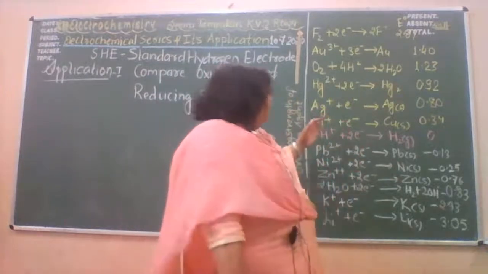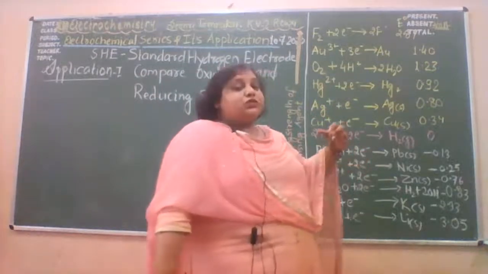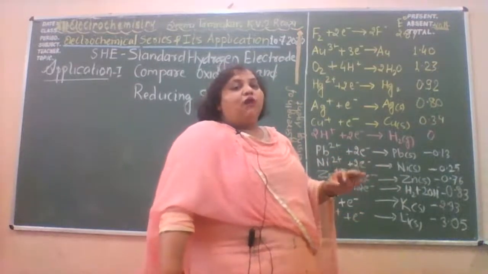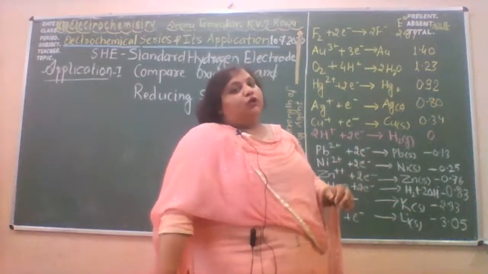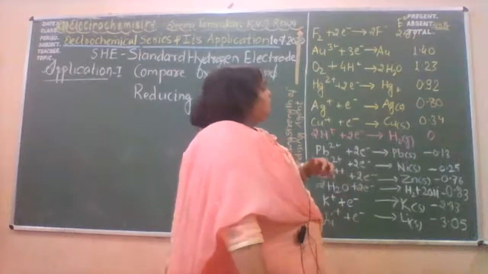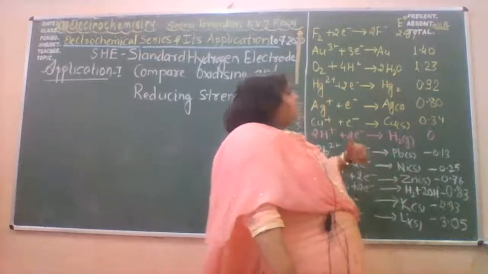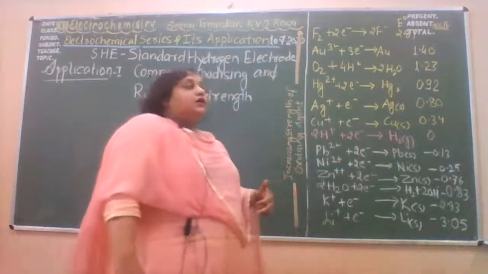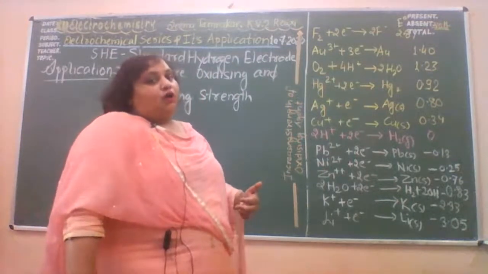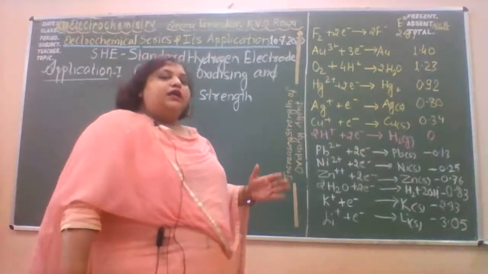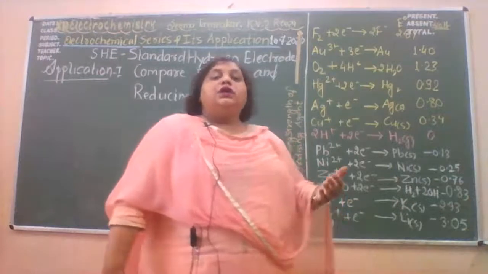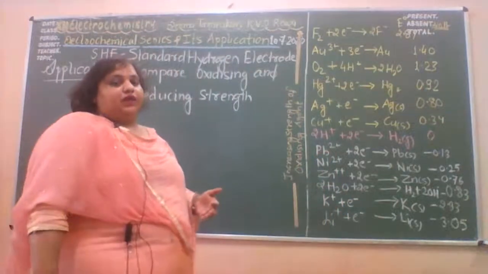The value means the absolute value, not the symbol. So the element for which the standard electrode potential is higher will be the powerful oxidizing agent, and the vice versa concept you can apply for the reducing agent.